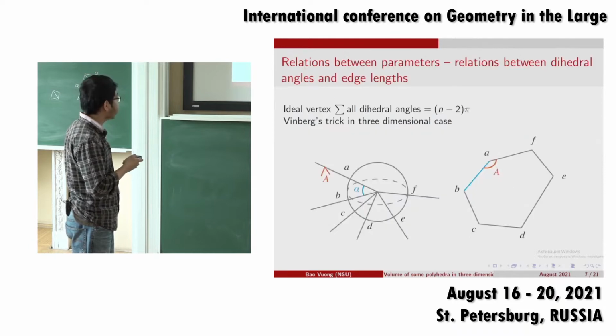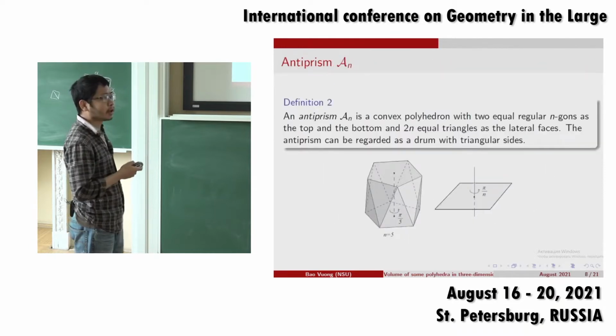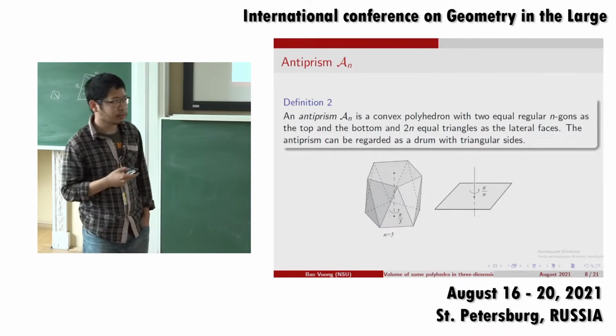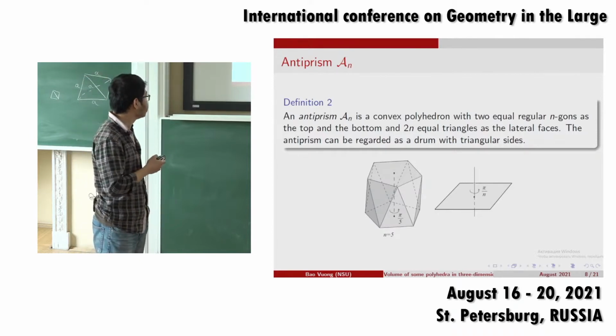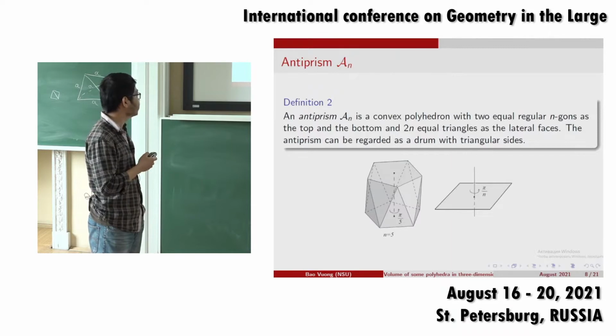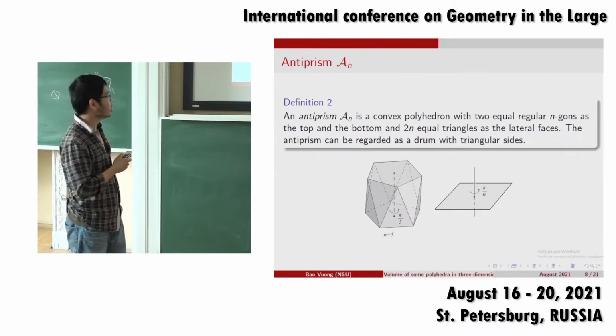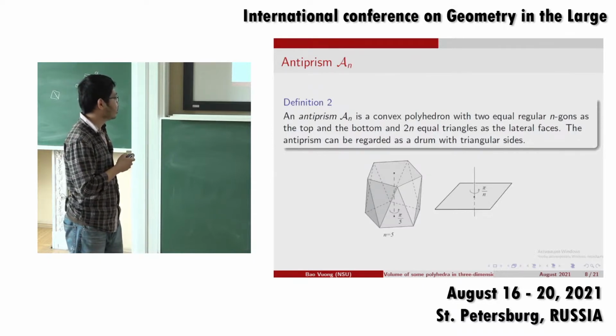Now I will talk about the particular polyhedron we have studied: the antiprism. The antiprism is a polyhedron with two equal regular n-gons at the top and at the bottom. The lateral faces are equilateral triangles.